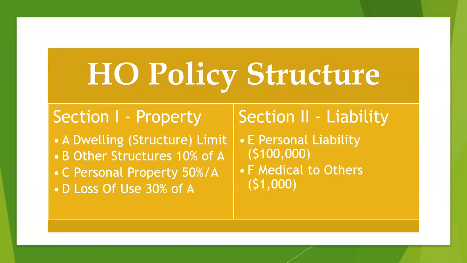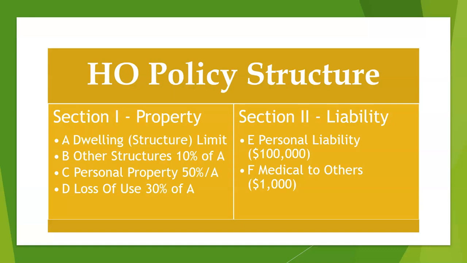Now, coverage C would pay for your personal property, your personal items, your personal belongings in your home. Coverage C would pay up to 50% for your personal items that are damaged, and that is up to 50% of coverage A. Coverage D is your loss of use or additional living expenses.